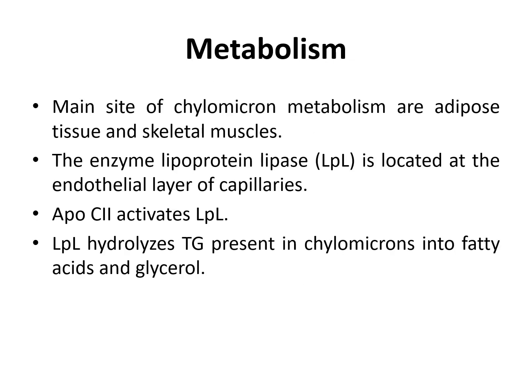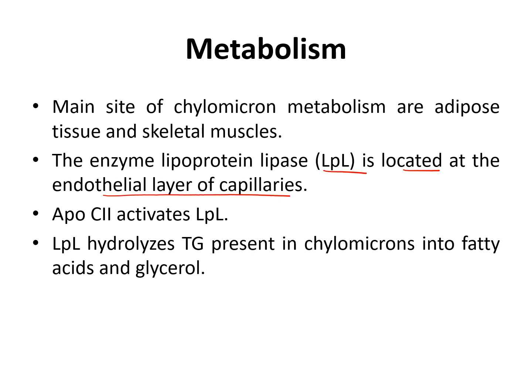Some important points related to metabolism. First, the main sites of chylomicron metabolism are adipose tissue and skeletal muscles. One most important point is that the enzyme lipoprotein lipase is located at the endothelial layer of capillaries of adipose tissue or skeletal muscles.